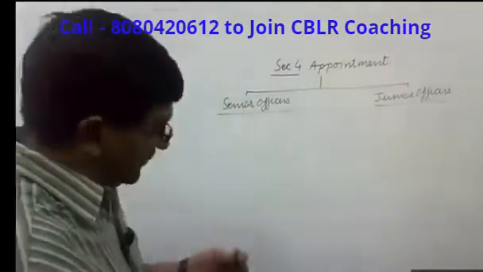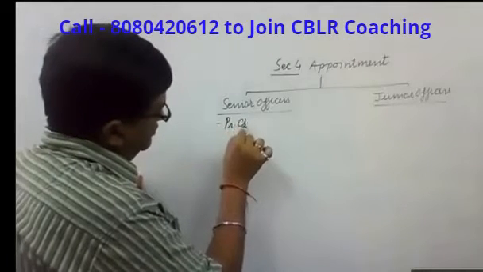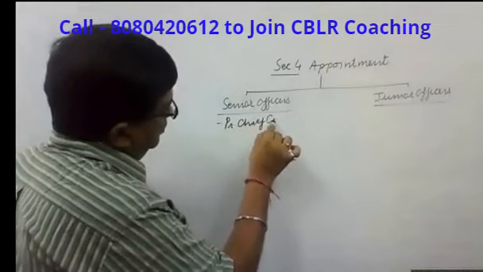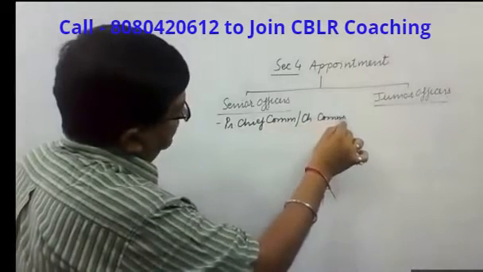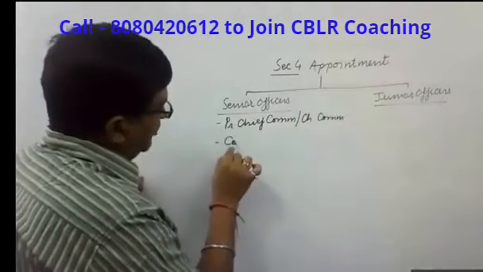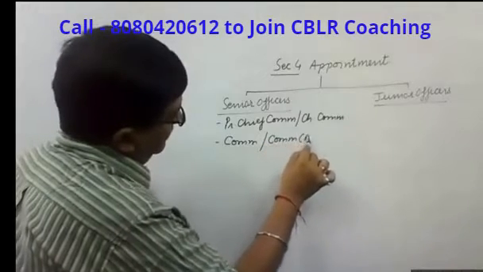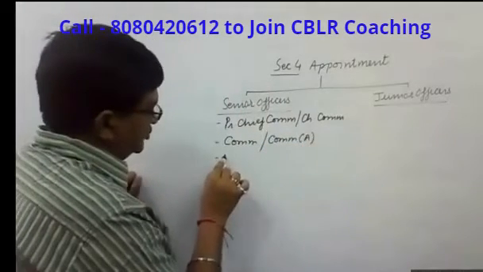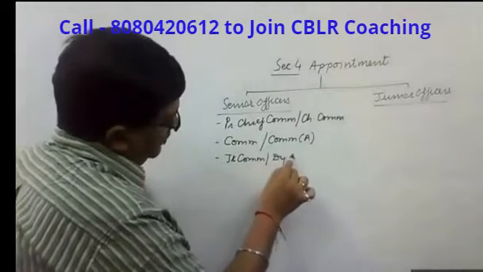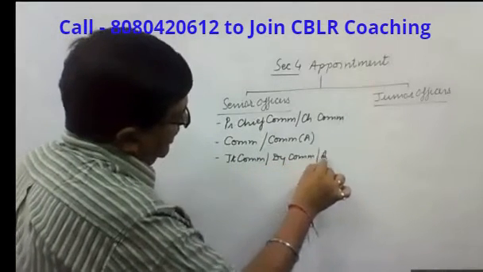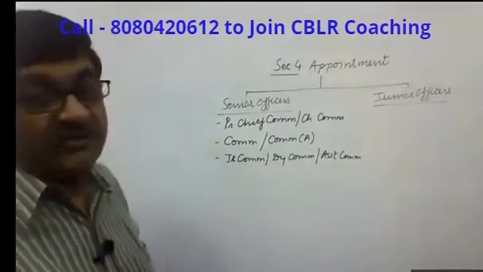What is the meaning of senior officer? This is principal chief commissioner, commissioner, then commissioner appeals, joint commissioner, deputy commissioner, assistant commissioner. All these are referred to as senior officers.